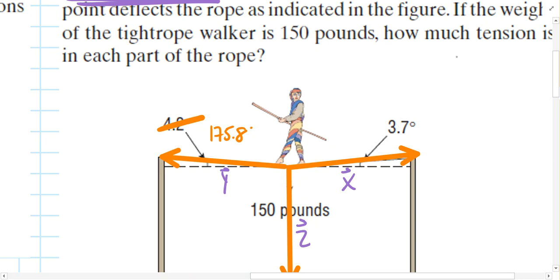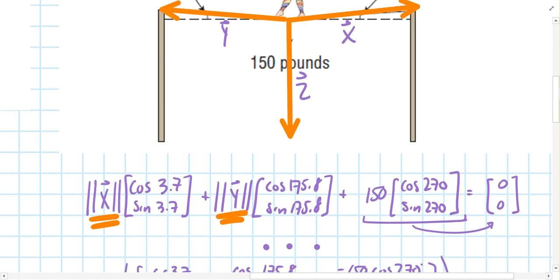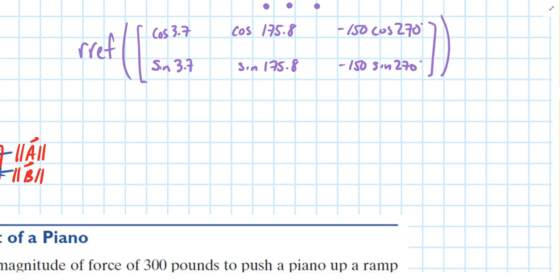Now, if the tightrope walker was really close to one side, but still rather far from the other, we'd imagine that the two angles were a fair bit different, and the tensions in each side of the rope might be different as well. But that's not the case here. The tensions are very close to one another.